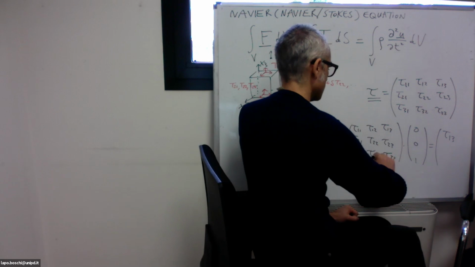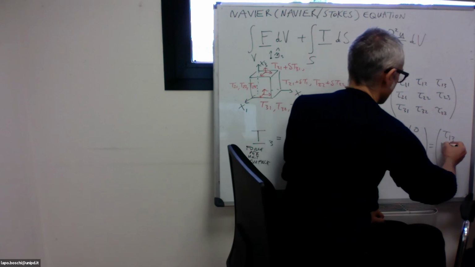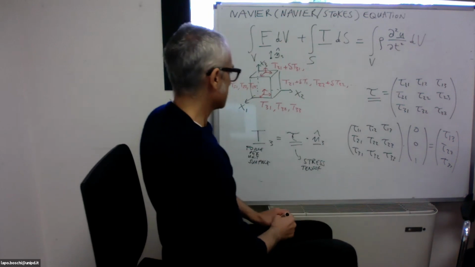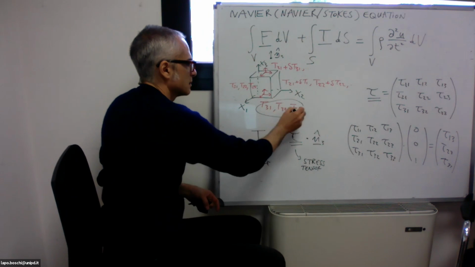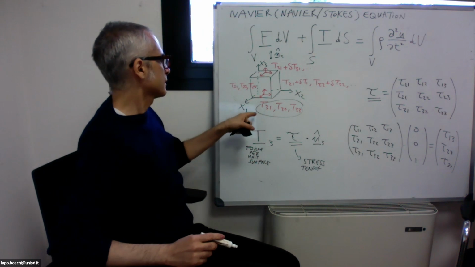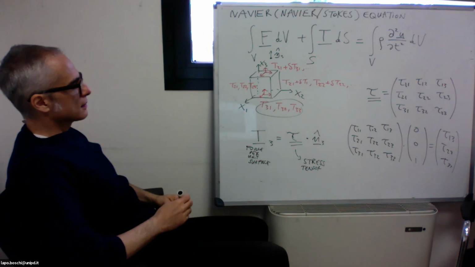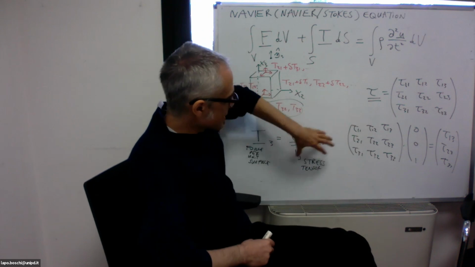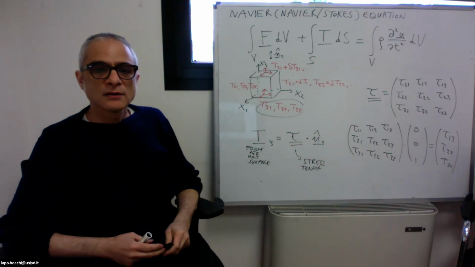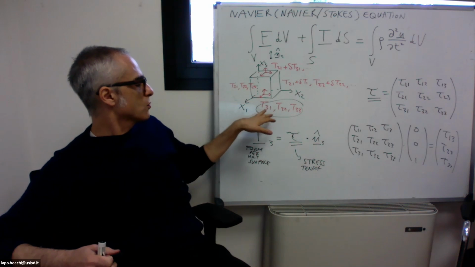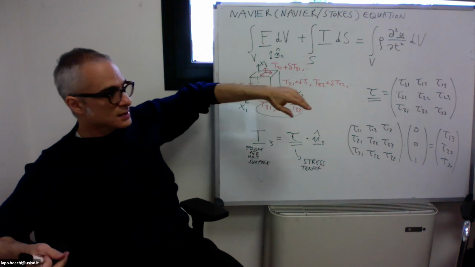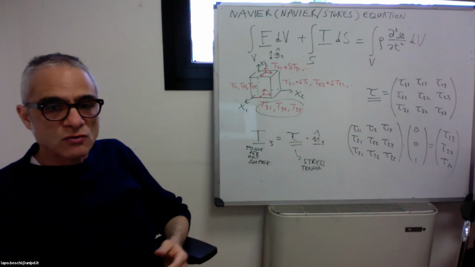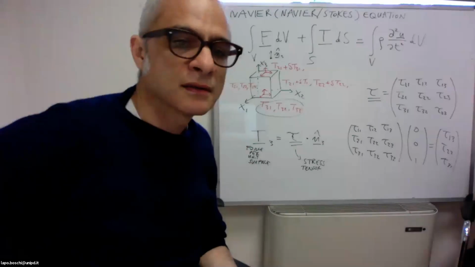It gives me tau 1,3, tau 2,3, and tau 3,3. So in that case, that corresponds indeed with this. But the stress tensor, again, you can use no matter how the surface is oriented. It will work even if the unit vector didn't point in the direction of one of the axes, but pointed in any possible direction.